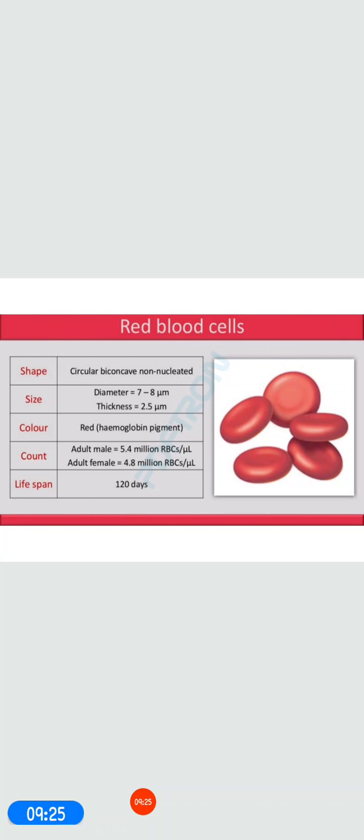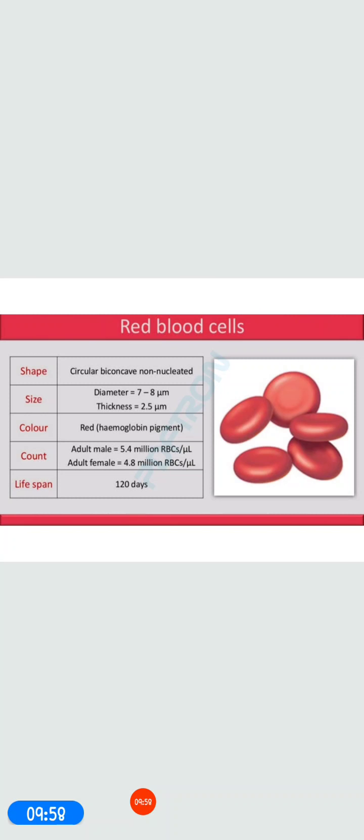And the levels of RBC in children are 4.55 million red blood cells per microliter of blood, in normal males 4.7 to 6.1 million RBC per microliter of blood, and for women 4.2 to 5.4 million RBC per microliter of blood.